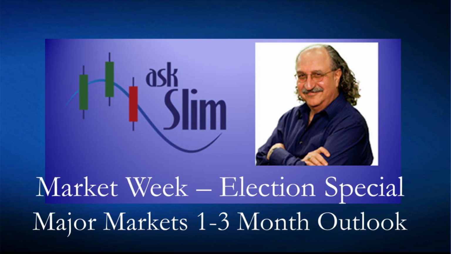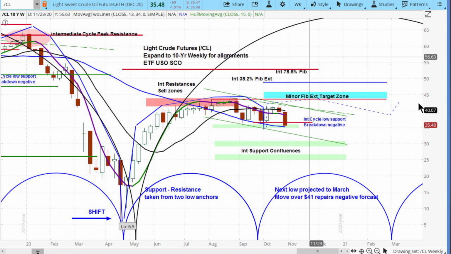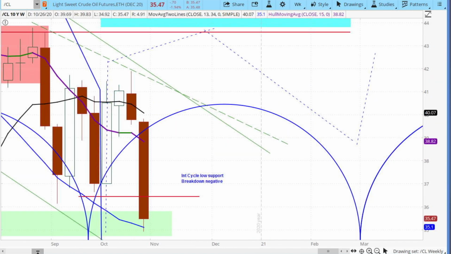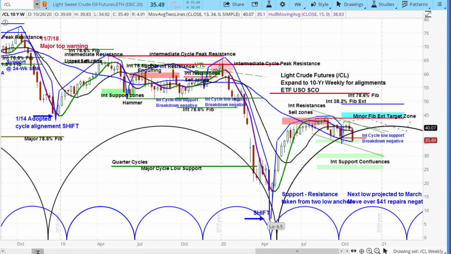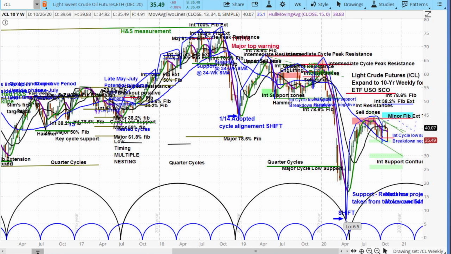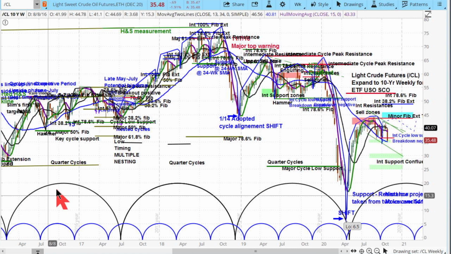All right, so we're going to switch over to the charts, and we're going to start out by looking at weekly charts. So this is the look at light crude. Now, what I want you to see, if you're kind of new to what we do, is that the analysis we look at is cycle analysis.